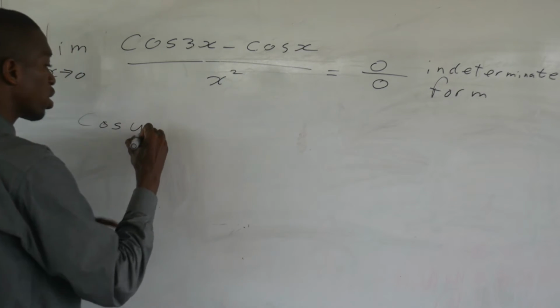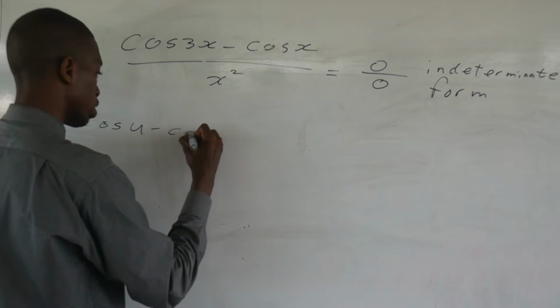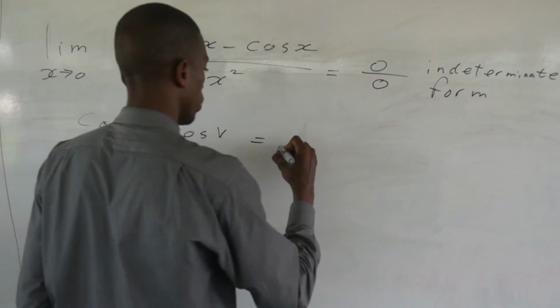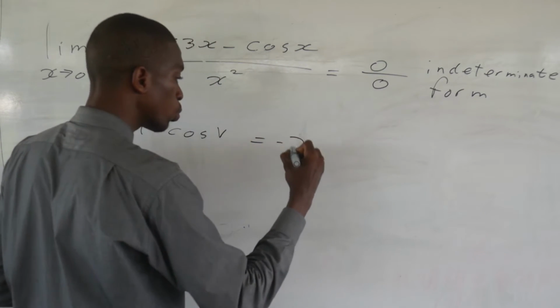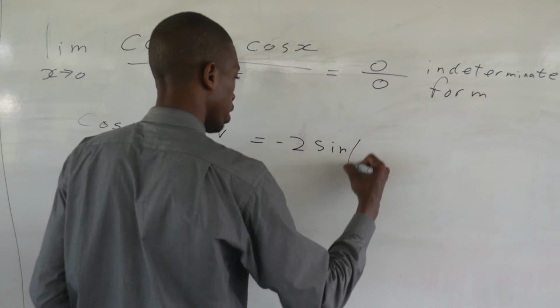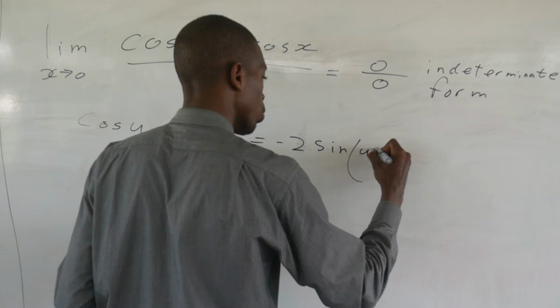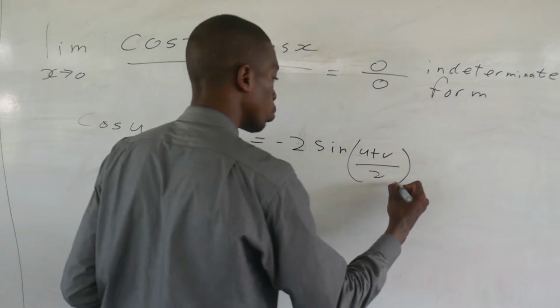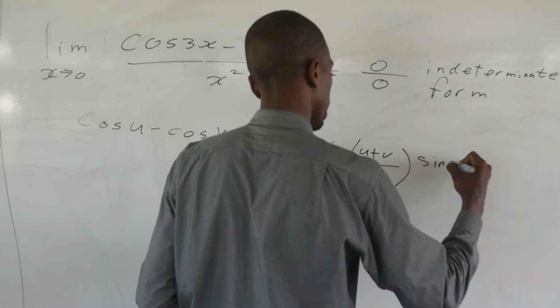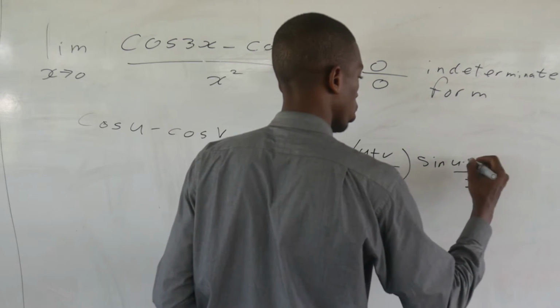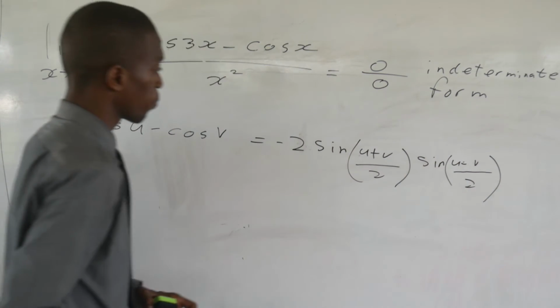I think you had cos of u minus cos of v is equal to negative 2 sine of u plus v over 2 times sine of u minus v over 2.